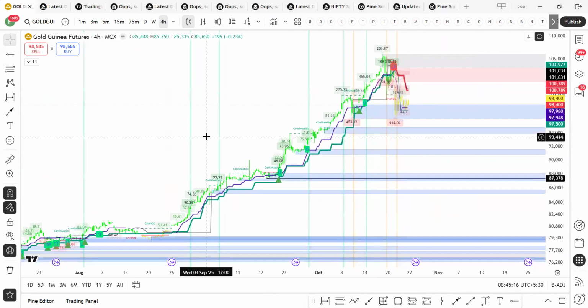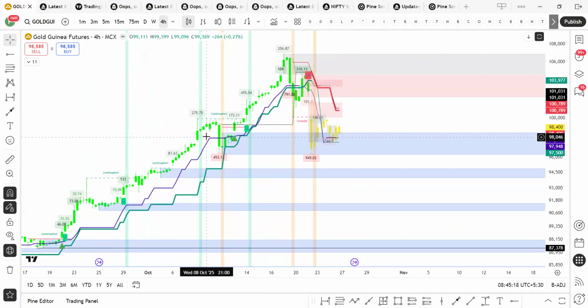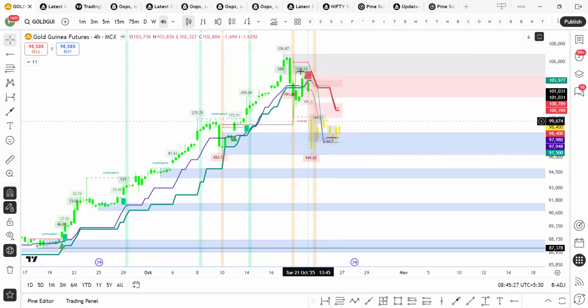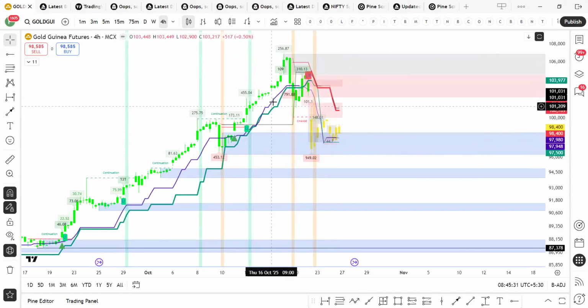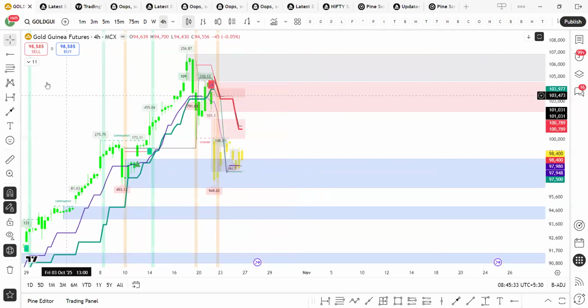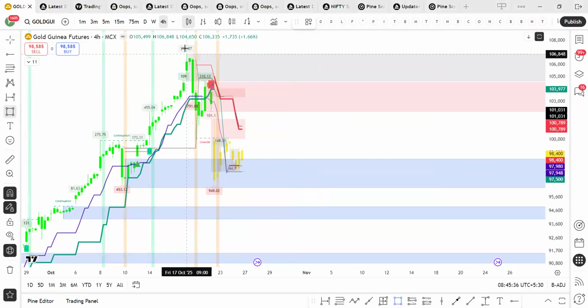See, we cannot tell the future. What we can tell is the present. And presently it went up, it came down. Now it is below the bias band on the 4-hour chart. Usually when a rapid up move happens, then it goes sideways. So what I expect is it is likely to go in a sideways move in this box.